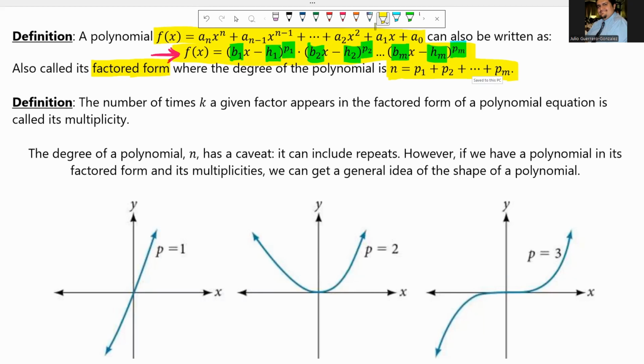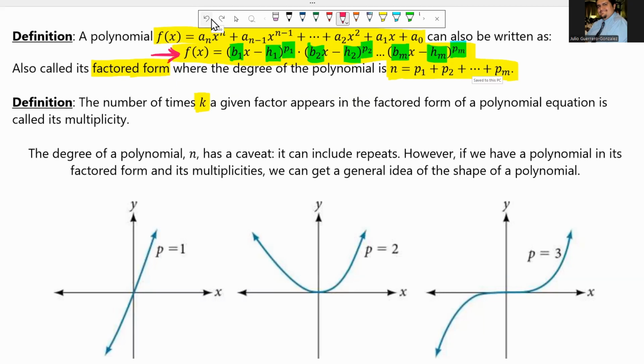One more definition. Suppose we take a given factor, one of these, this one, or this one, or this one. Suppose we take any one of those and we look at the power, the p-value. The number of times k that a given factor appears in the factored form of a polynomial is called its multiplicity.